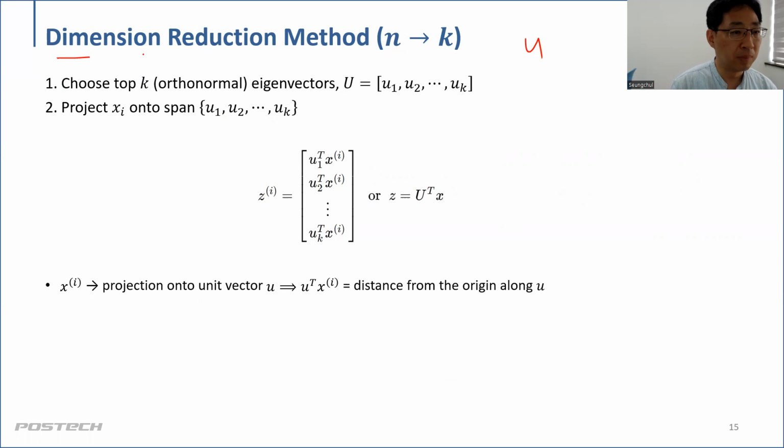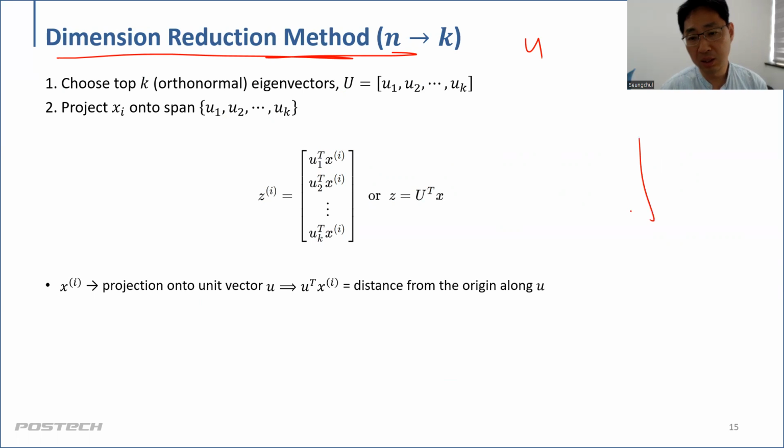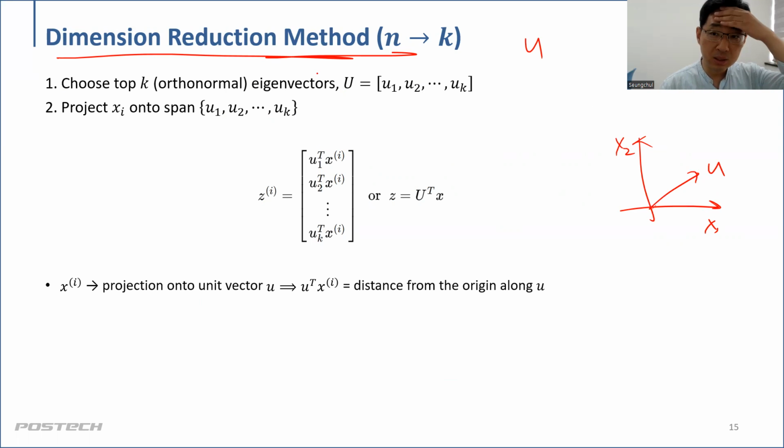For dimension reduction, we started from a two-dimensional space and found U, but let's generalize. Suppose the original data set is in n-dimensional space. I want to do dimension reduction down to k.